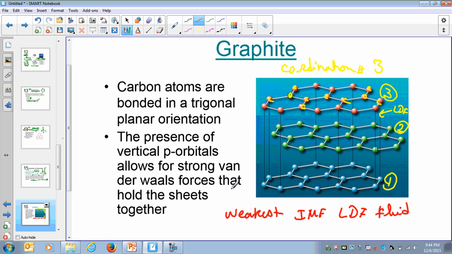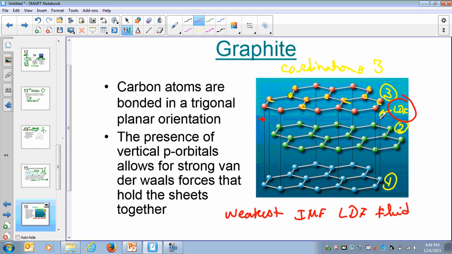Yes, I couldn't think of lubricant. So it makes it a good lubricant because these sheets can slide over each other, because the force holding them together is the London dispersion force, which we'll talk about later in the lecture on intermolecular forces.